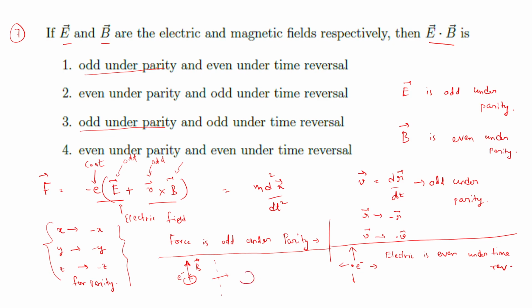In that video playing backward, the electron will be revolving in the opposite direction. So the magnetic field will become opposite because the sense of rotation has become opposite. Therefore, the magnetic field is odd under time reversal.